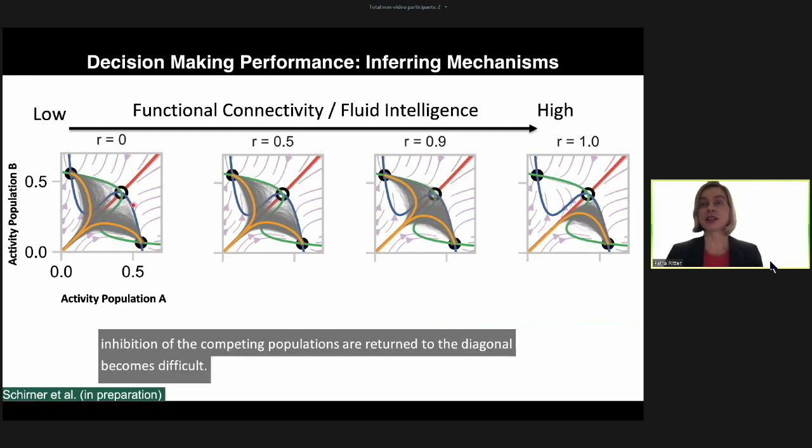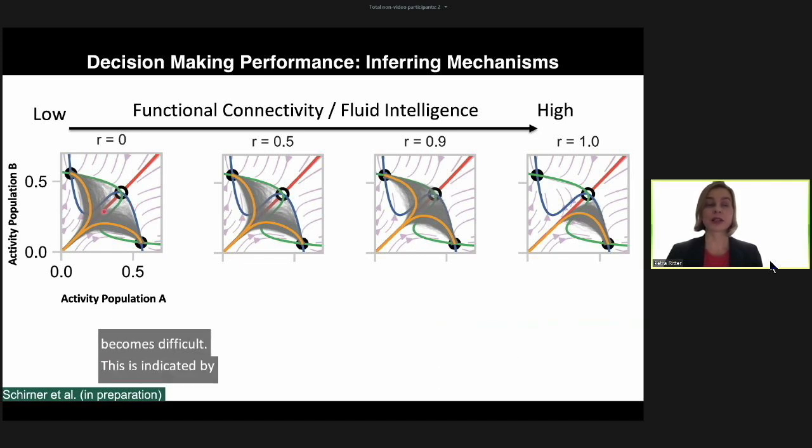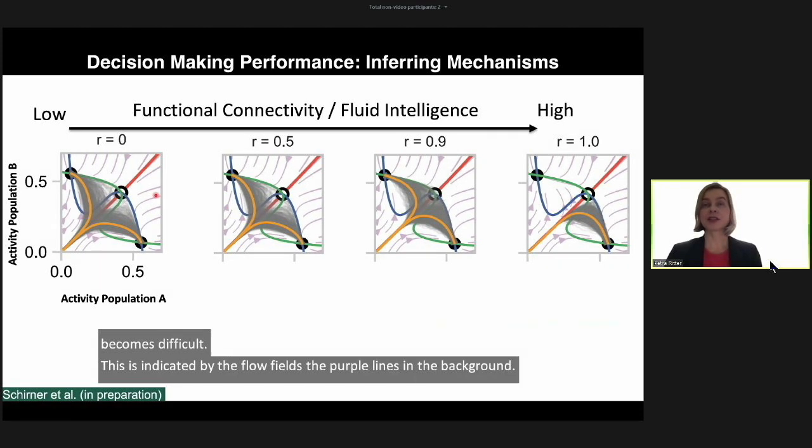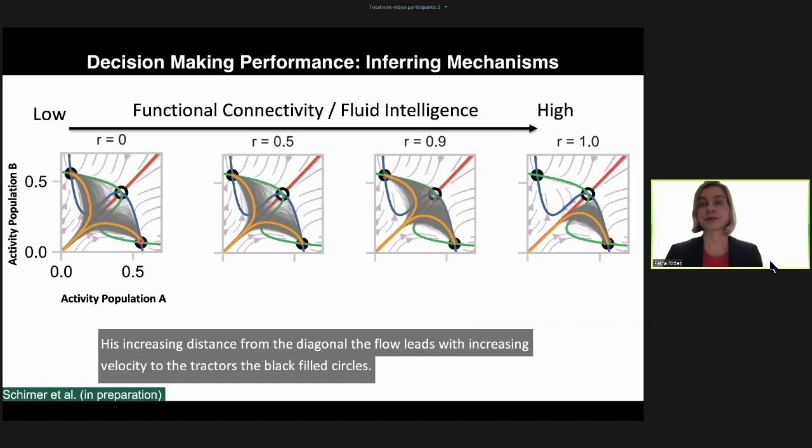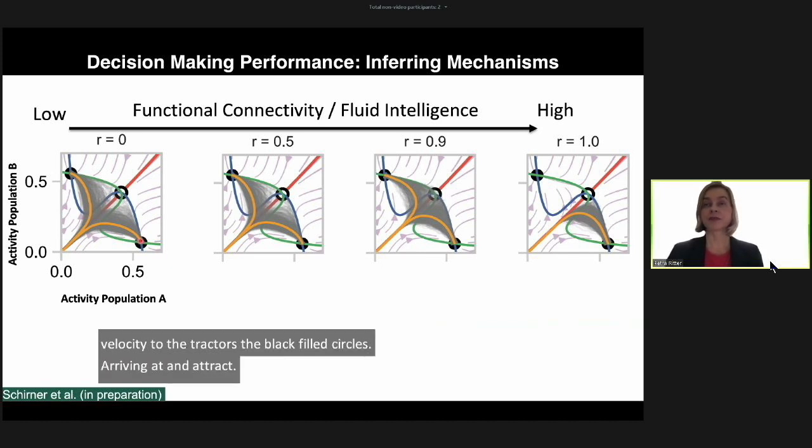This is indicated by the flow fields, the purple lines in the background. With increasing distance from the diagonal, the flow leads with increasing velocity to the attractors, the black-filled circles. Arriving at an attractor leads to a decision.